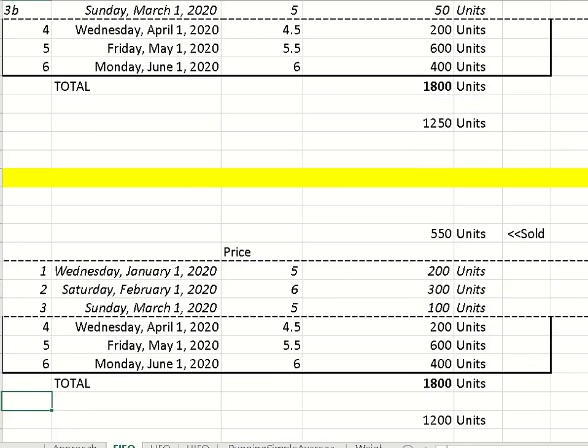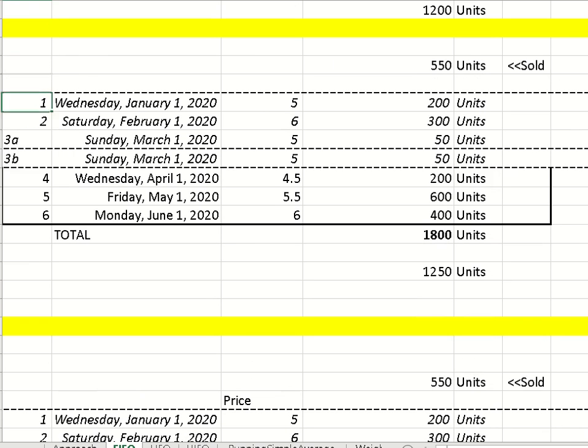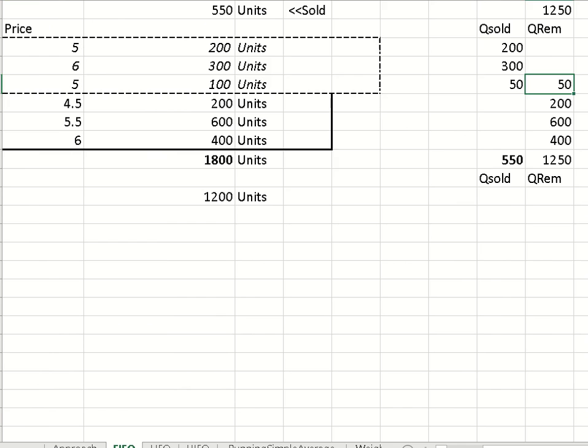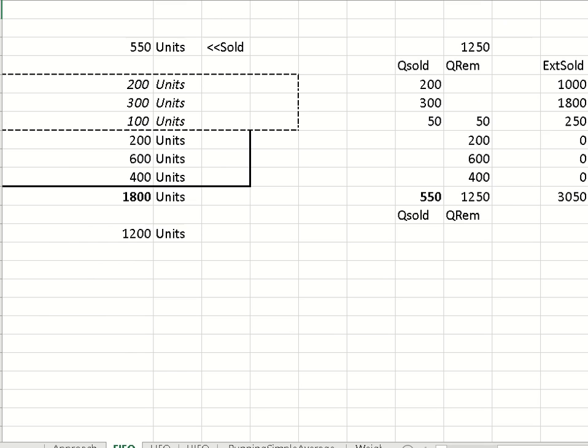Another approach to this, so that we don't split it in the middle like 3A and 3B, is to just have 3, and then on this value, we put up 2 columns, quantity sold and quantity remaining. We were selling 550, so the remaining ones would be 1,250.